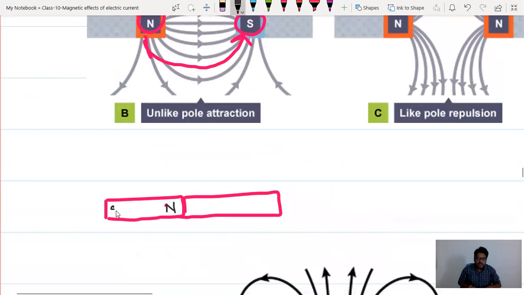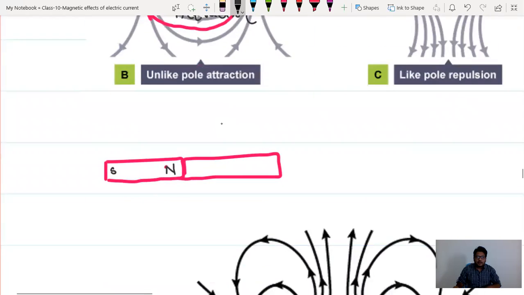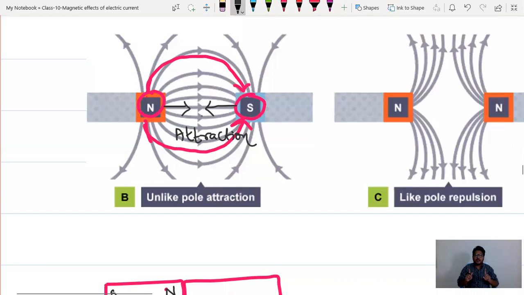This is south pole of first magnet. If you place north and south magnets, what will happen? Definitely north will move towards south. South will move towards north. There will be attraction. After attraction, here two magnetic lines are not intersecting. It is passing from one pole to another pole. Don't get confused. There is no intersection.